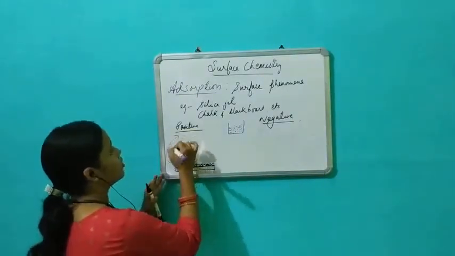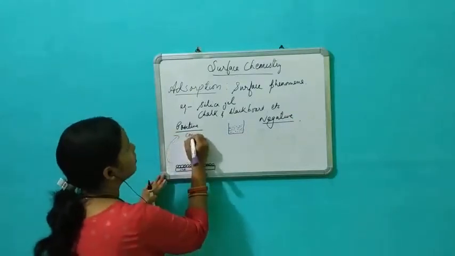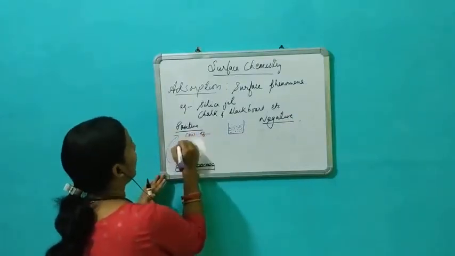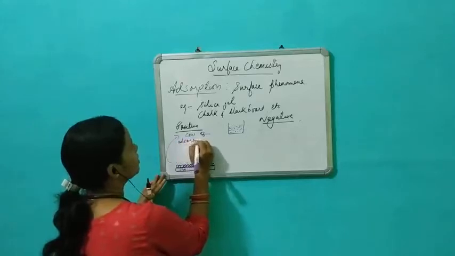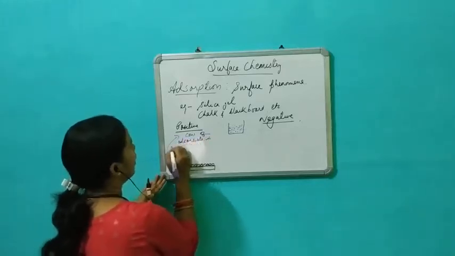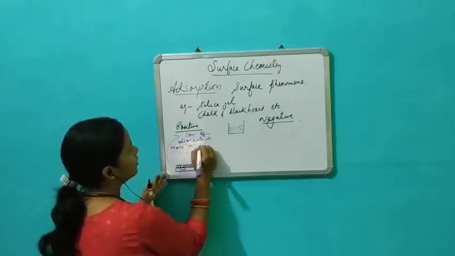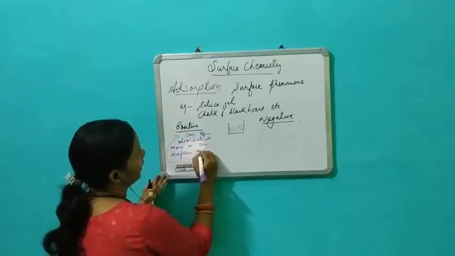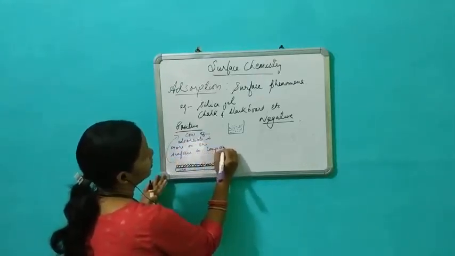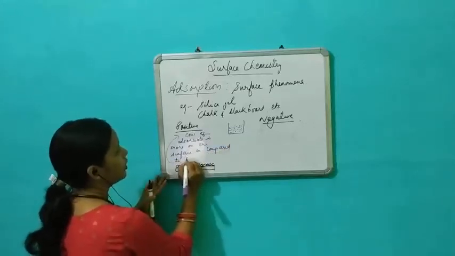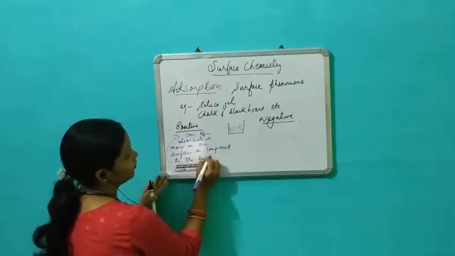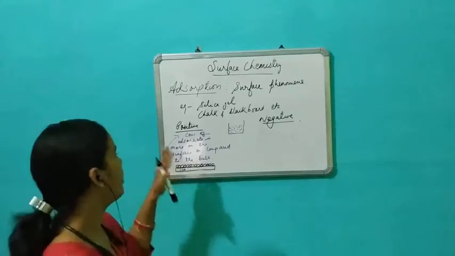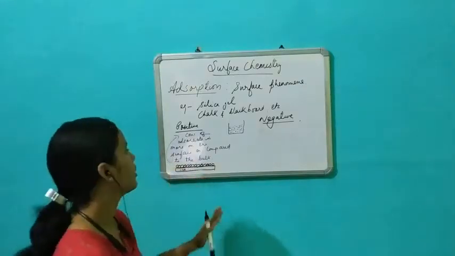So when the concentration of adsorbate is more on the surface as compared to the bulk, then it is a positive adsorption.